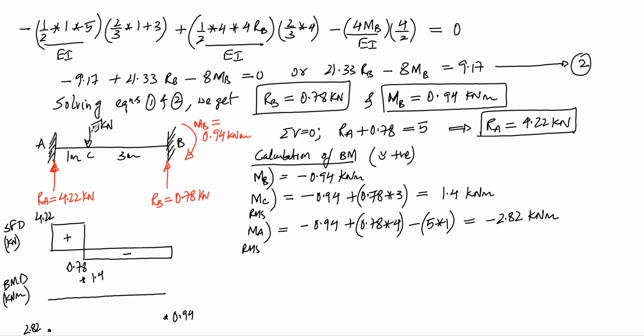And because it is only a point load, you can join all these points using straight lines. Above the reference will be positive, below the reference is negative. And if required, these points of contraflexure can be calculated by making use of similar triangles. This is point of contraflexure.